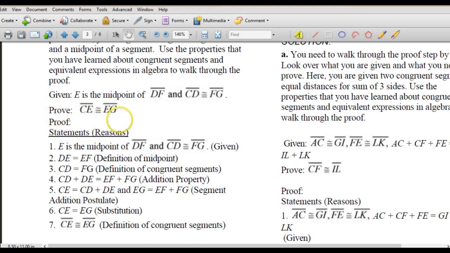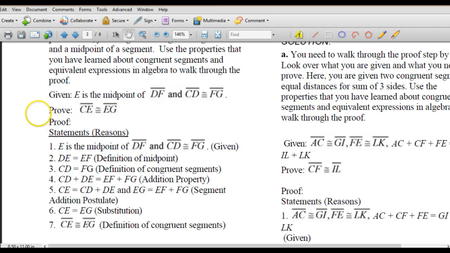From there, we're going to use the addition property of equality. So if we take statement number 2, DE equals EF, and we can see that right here, DE equals EF in the middle of this equation, then we're going to change the equation by adding the same thing or equivalent things to both sides. So on the left, I added CD.